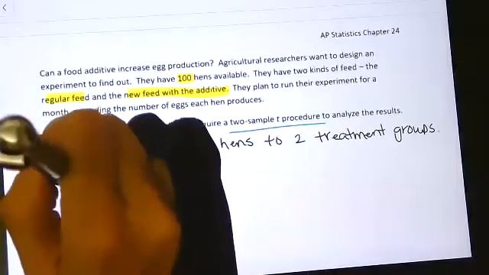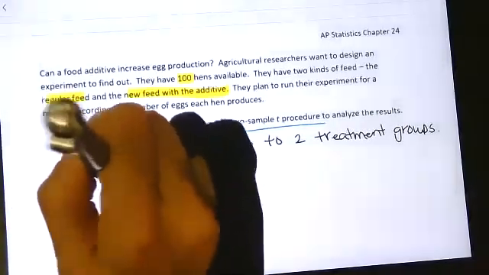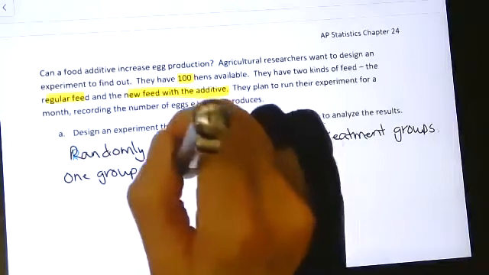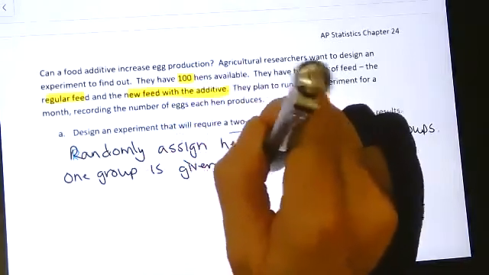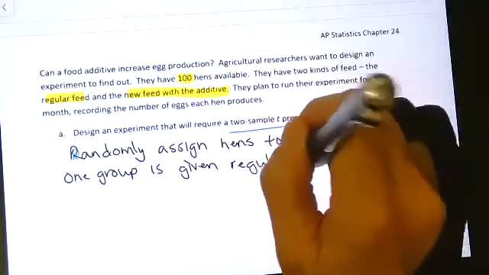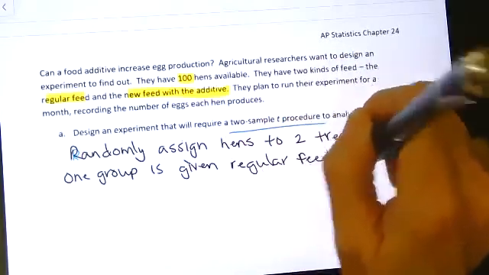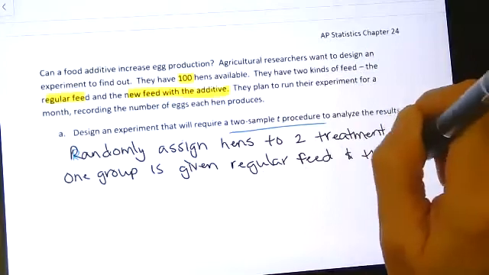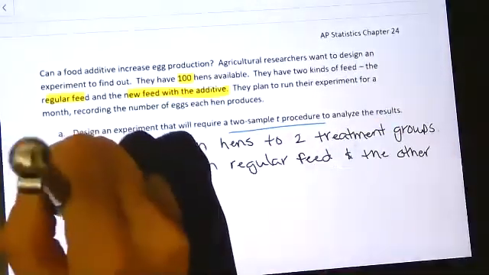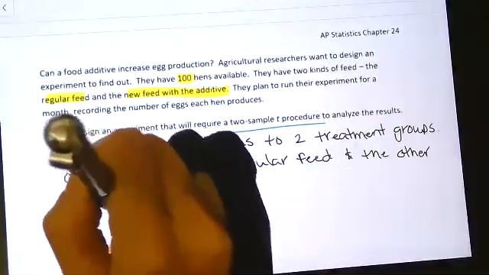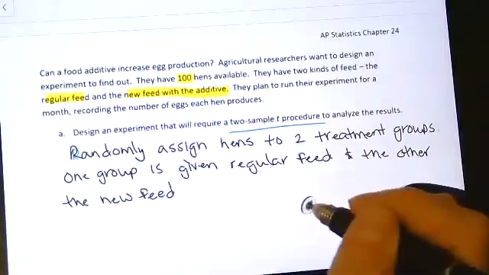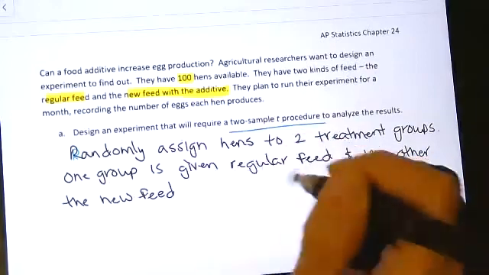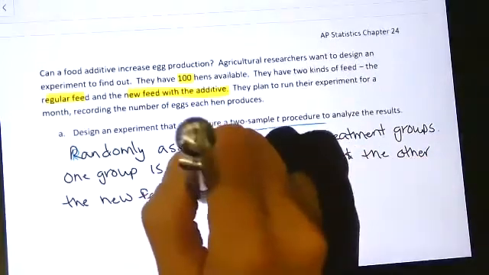Okay, so one group is given regular feed, the other, the new feed. Okay, and this is for a month.